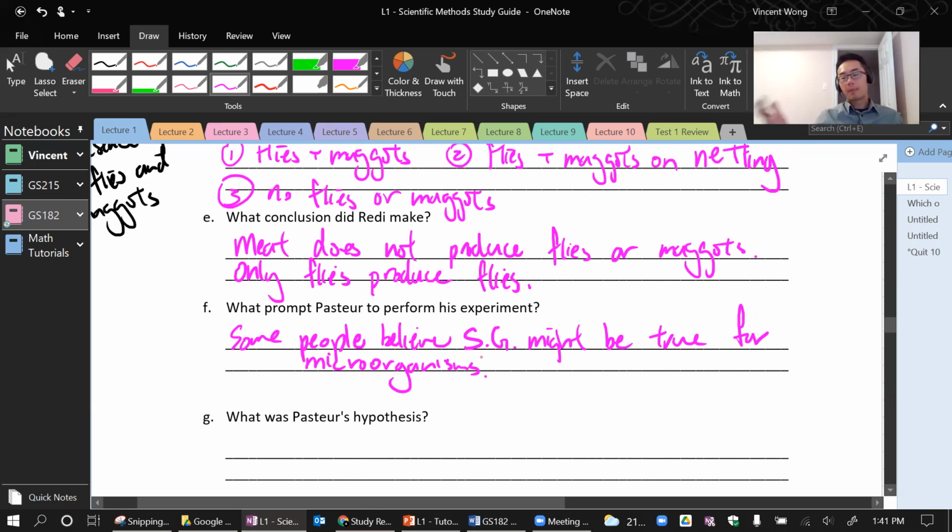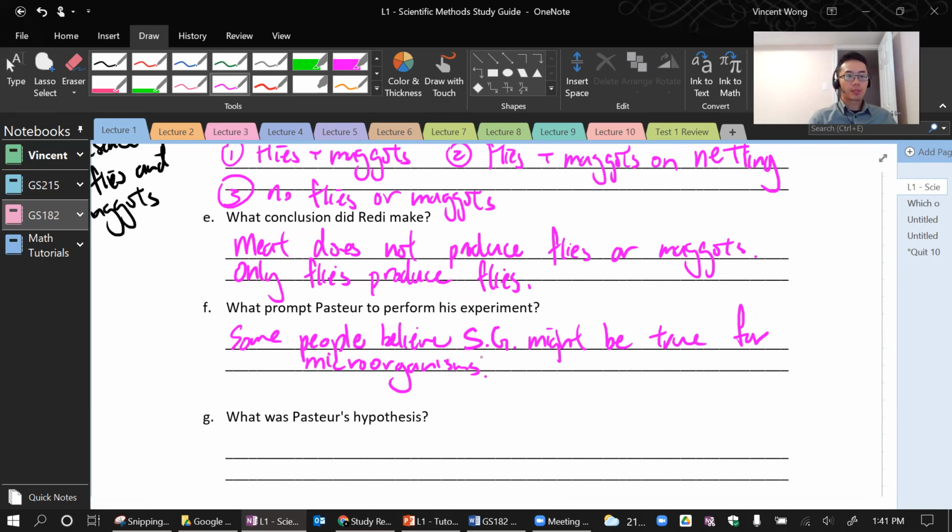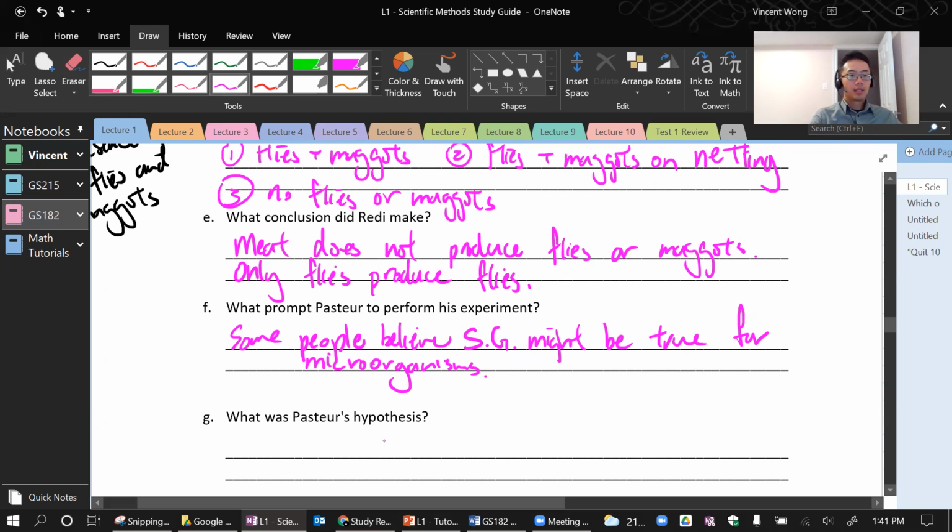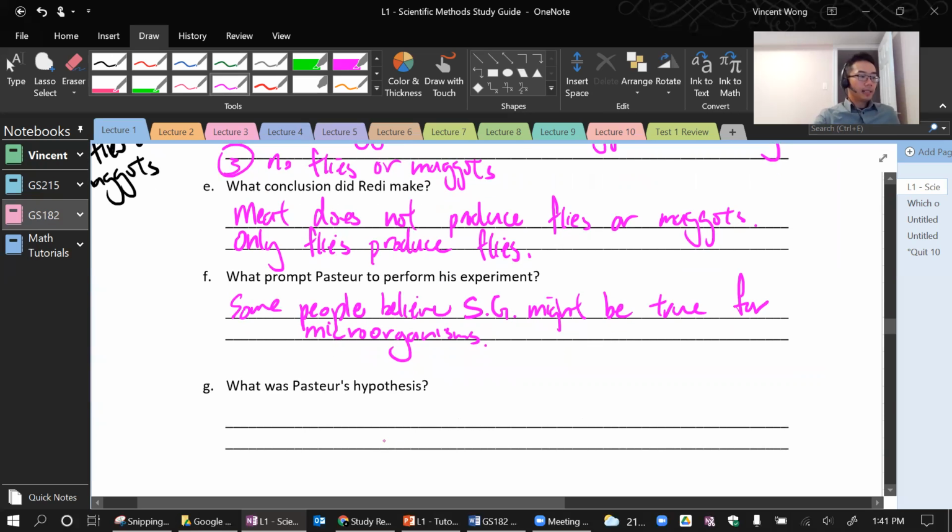Okay, even though it might not be true for flies and maggots, for bigger things, it might be true for microorganisms. So he then goes on to do an experiment, okay?